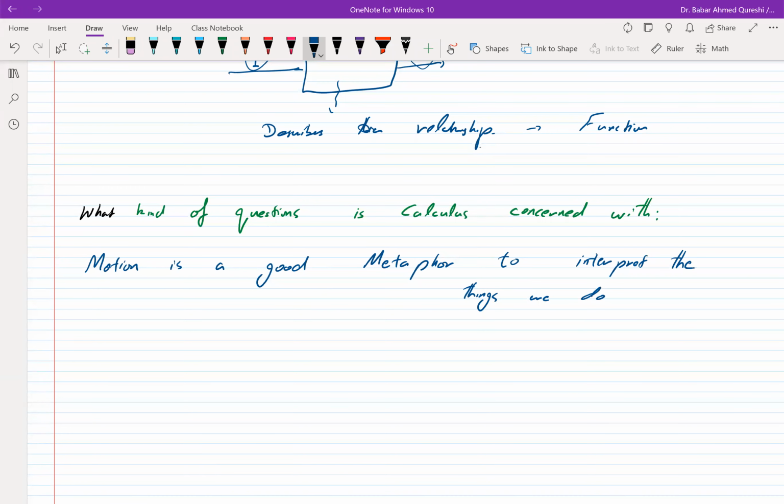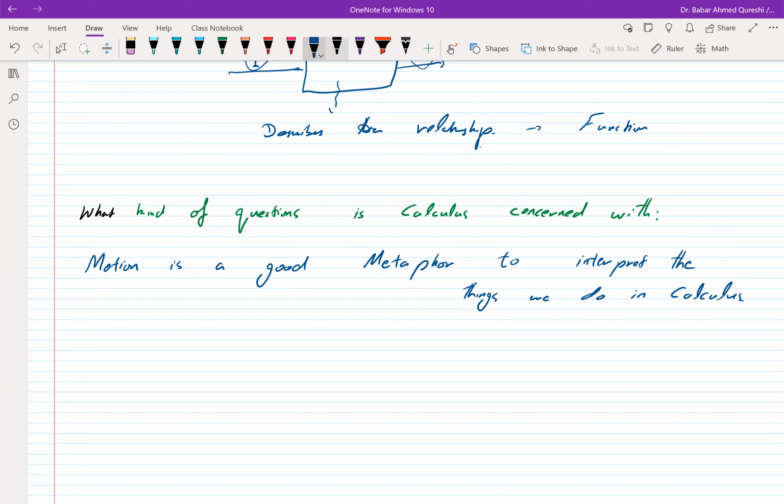So as I said, you may be worried about variable 1 depending on variable 2, but you can think of variable 1 as the position of a particle and variable 2 as time. Then just think about a particle moving in space with time. This becomes a kind of parable, a metaphor for describing what calculus can do for you.